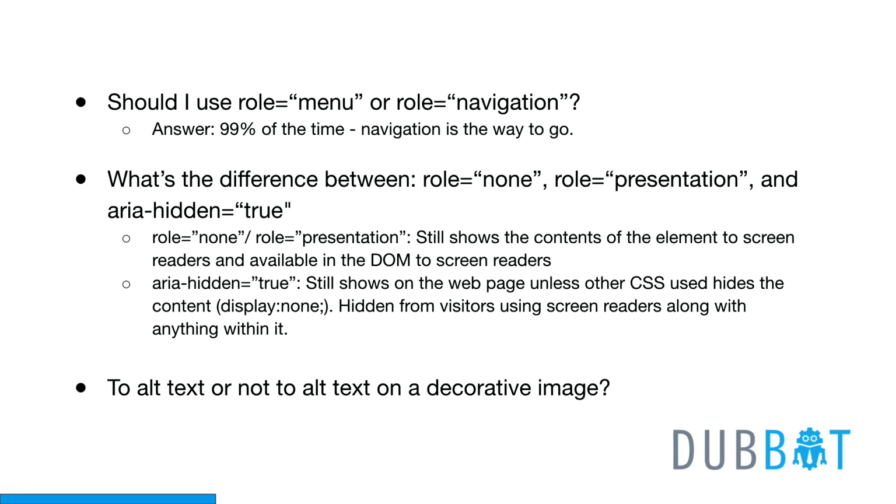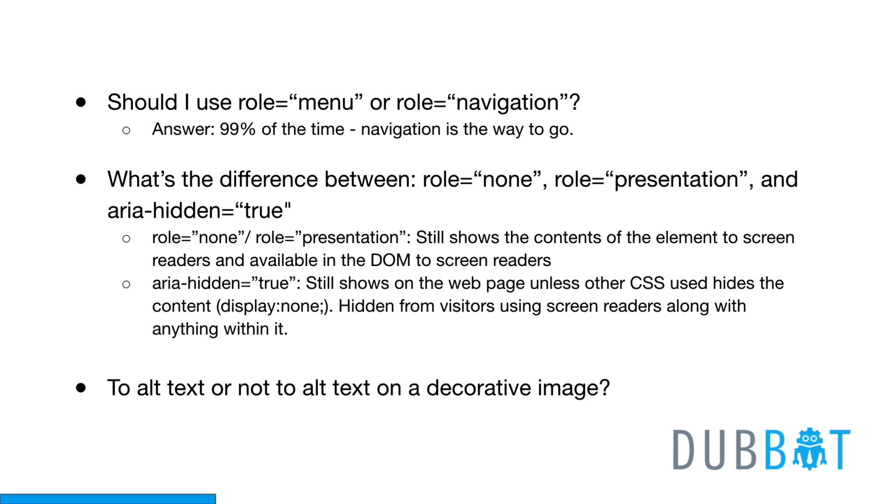ARIA hidden equals true means that the content will not be visible to a screen reader. It will be visible to people using just a regular web browser. Display none has to be used to hide the content altogether from a sighted visitor. And if you use display none, it's the same as ARIA hidden equals true for people using a screen reader.